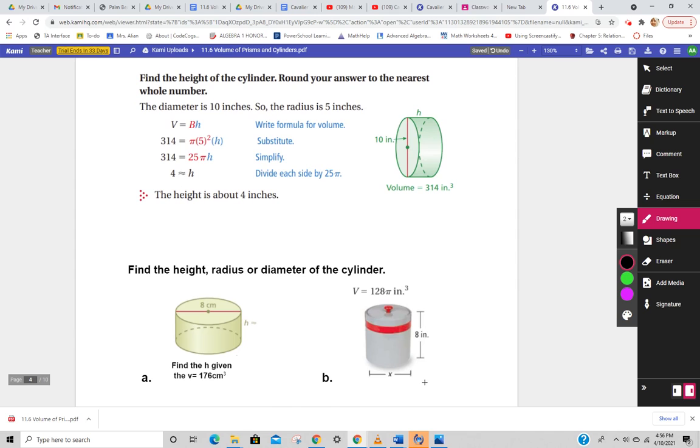All right, in this problem here, we have been given the volume. They want us to find the height. Okay, so we've been given everything except the height. So we're going to use the formula again, the same way. Volume equals base times height. We're going to replace V with the volume, and the volume is 314. It's given right here. So replace V with 314.